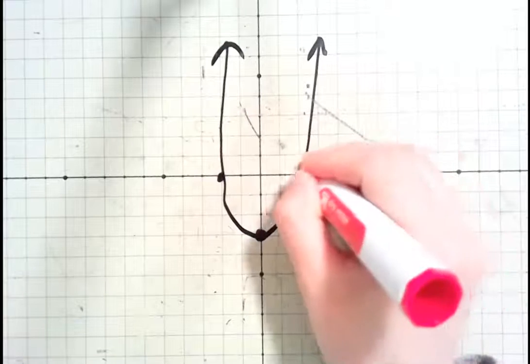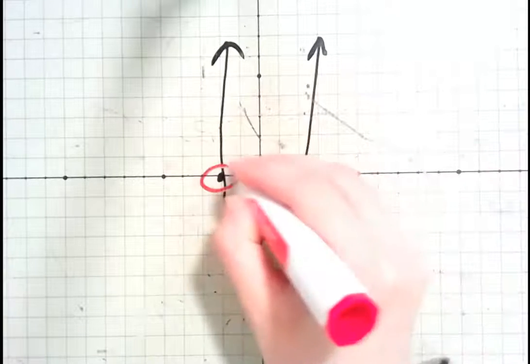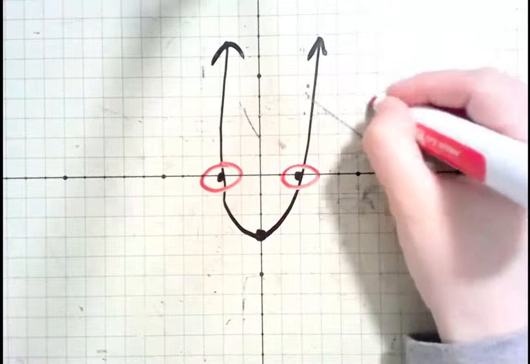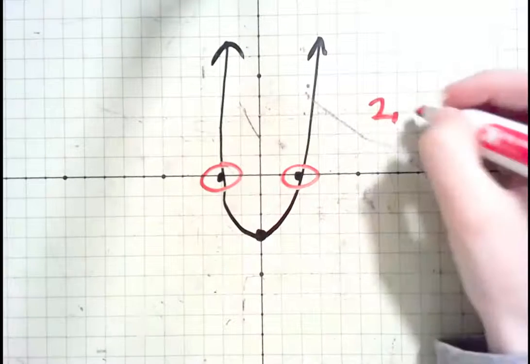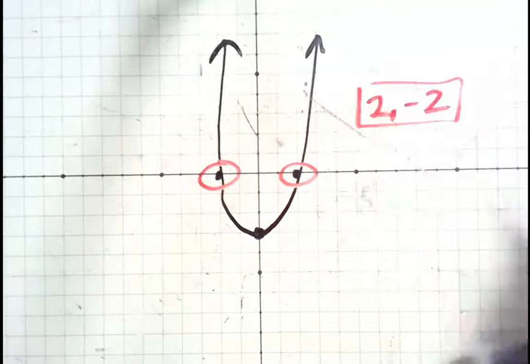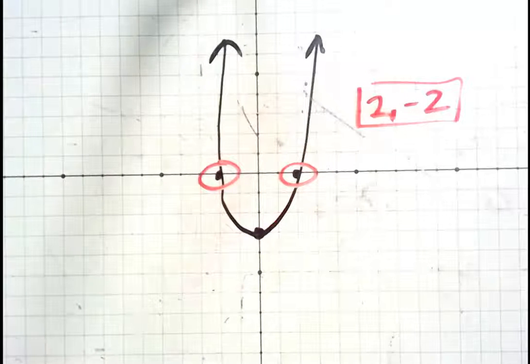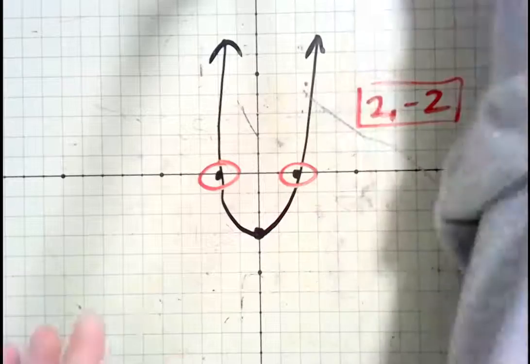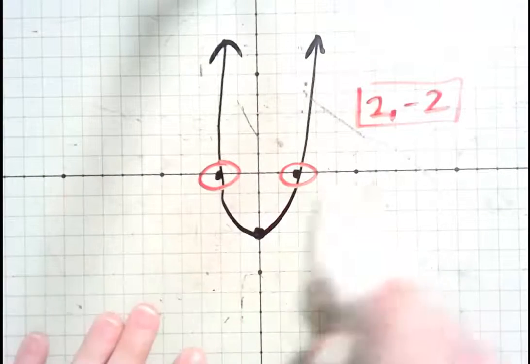So again, that would be here and here. So what is this point on the x-axis? Well, that is a 2, and this one is -2. So those would be our 2 solutions. Okay, so just remember the answers to a quadratic equation is when it touches your x-axis.